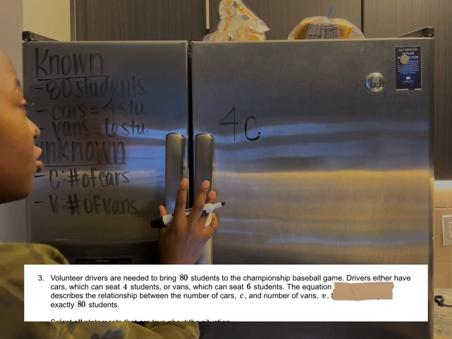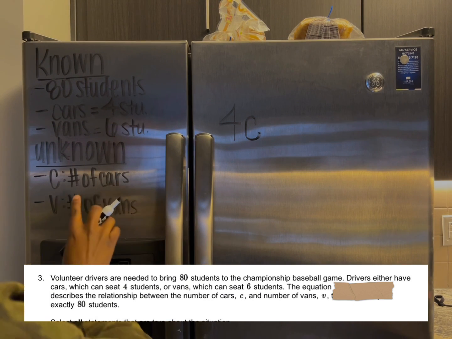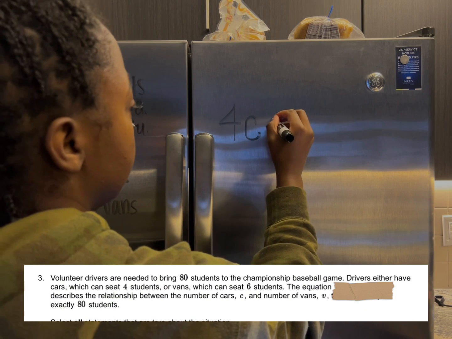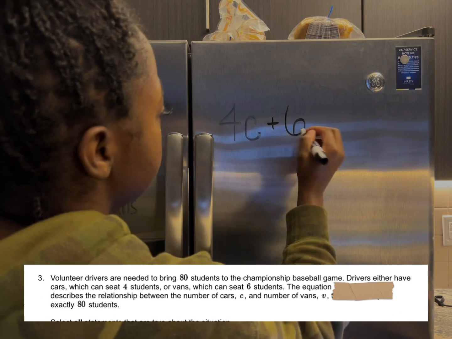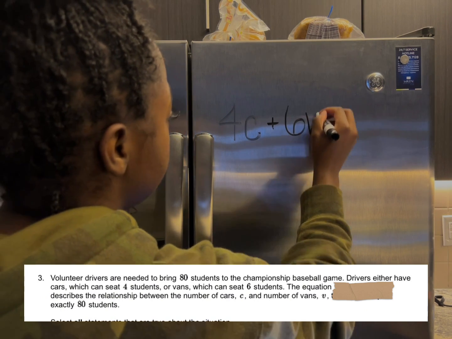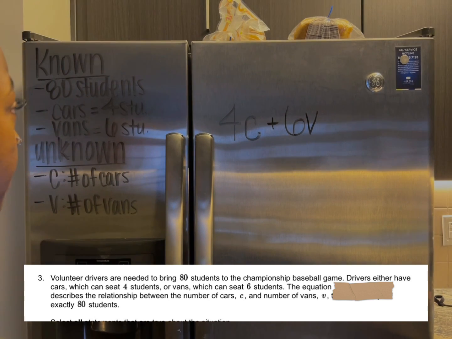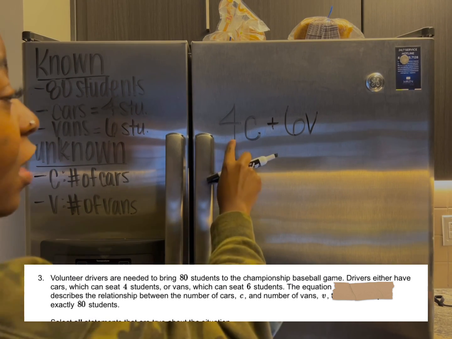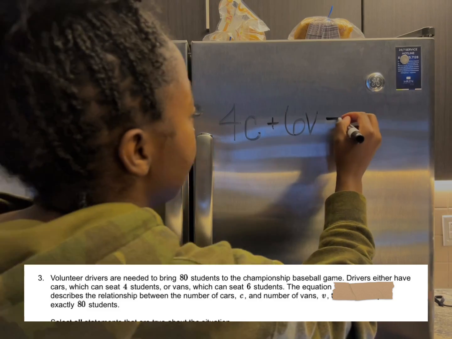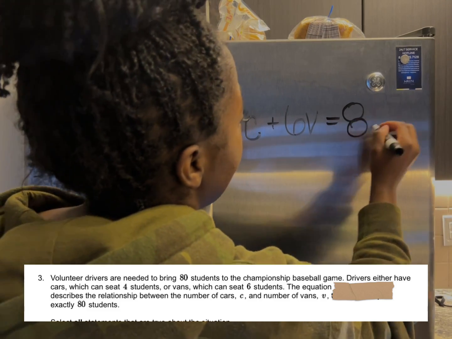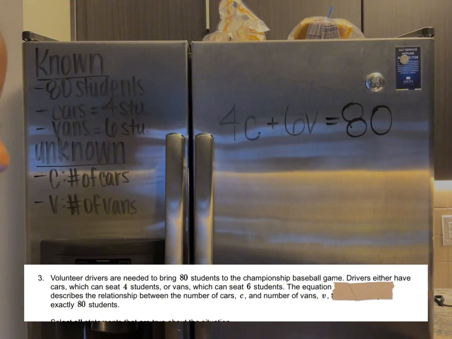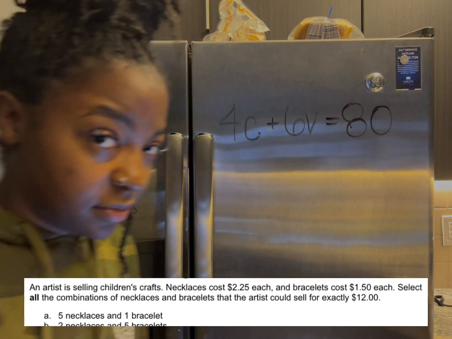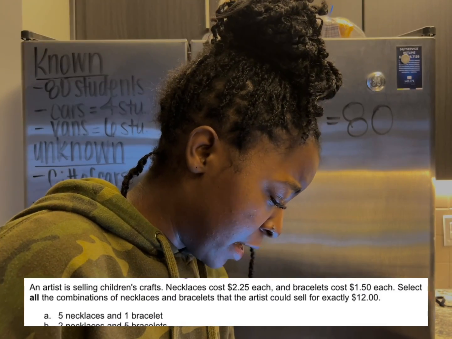The vans are 6 students each van. 6 students each times V. Okay? And I know that out of all of these, I need that to come out to 80 students. I know y'all got that right.